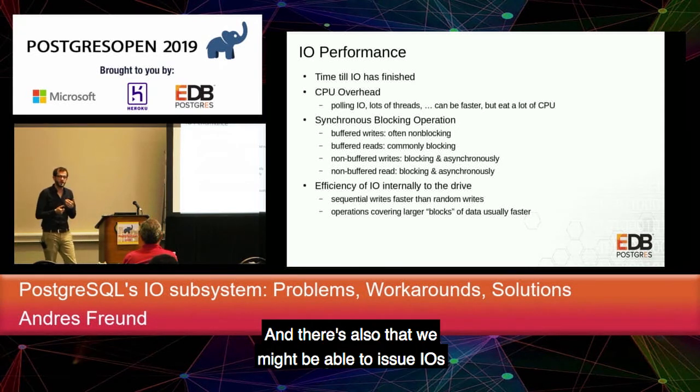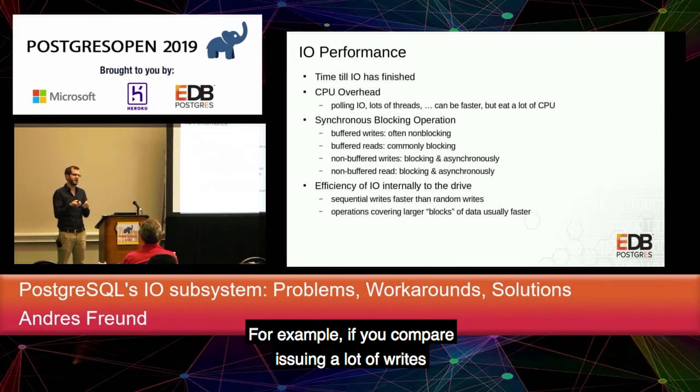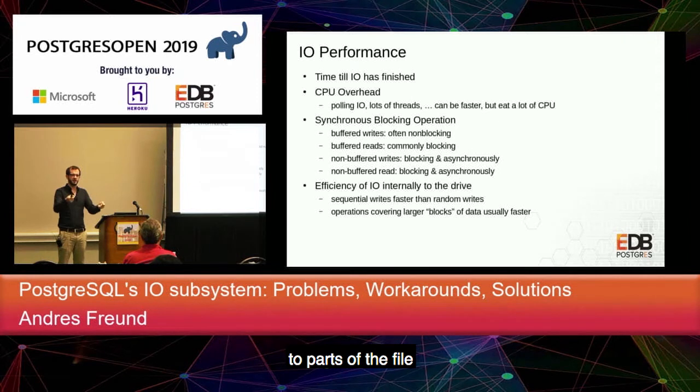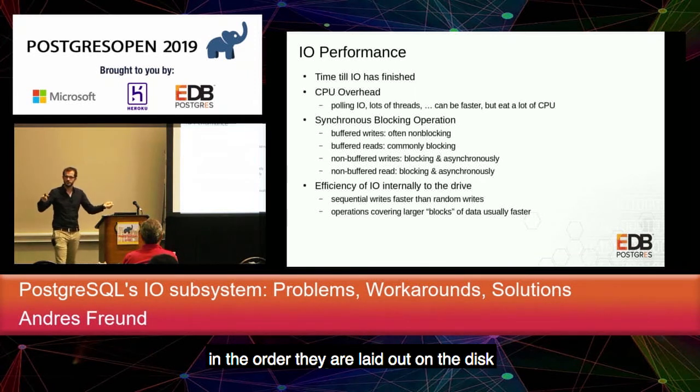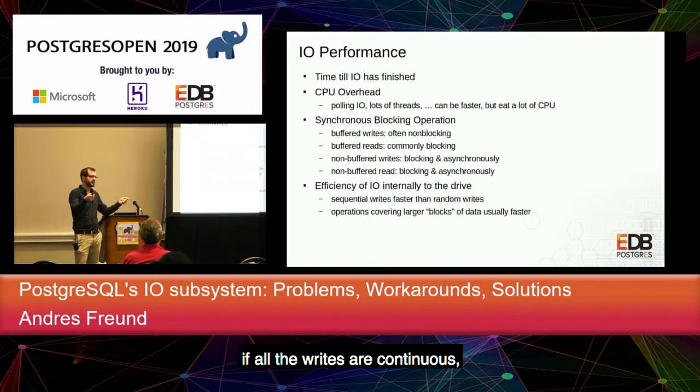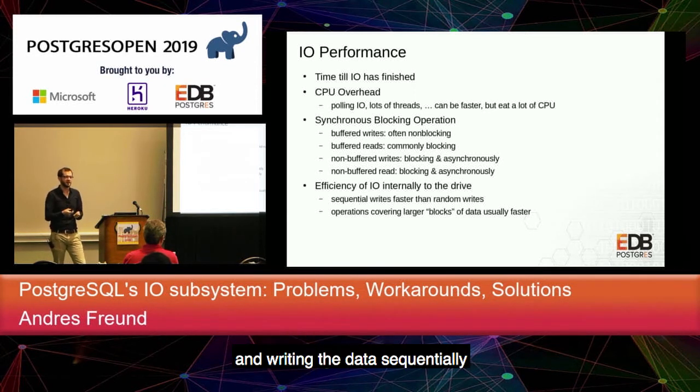And then there's also that we might be able to issue I/Os in ways that are more efficient for the drive. For example, if you compare issuing a lot of writes to parts of the file that are completely randomly distributed, it will take a lot longer than if you issue those writes in the order they are laid out on the disk. Especially if all the writes are contiguous, even on an SSD, you can have an order of magnitude performance difference between randomly writing data and writing the data sequentially.